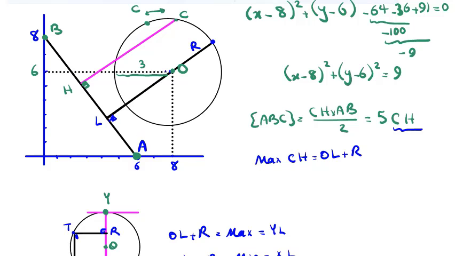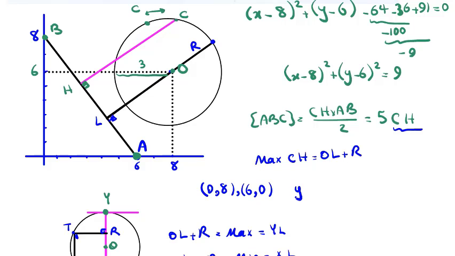For finding the distance of a point from a line, there is a formula. There are around 10 to 15 formulas in coordinate geometry that you should know, and this is one of them. First we should find the equation of this line that passes through (8, 0) and (0, 6).